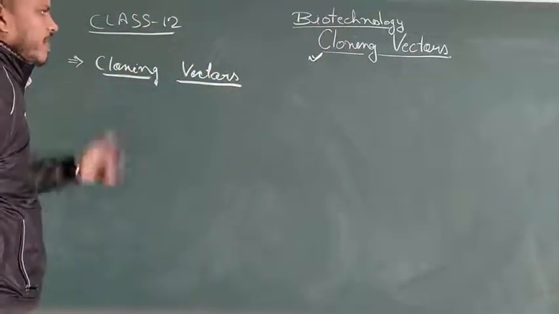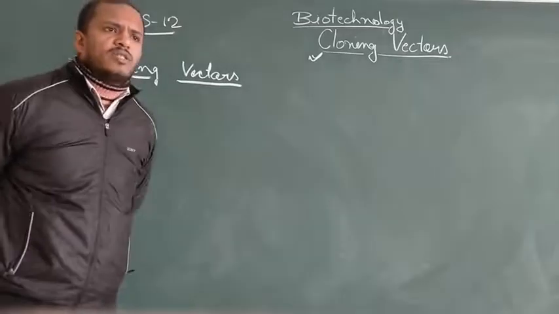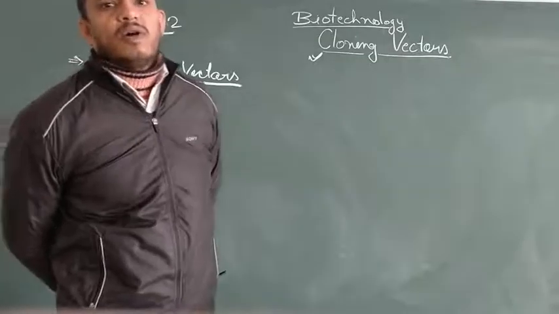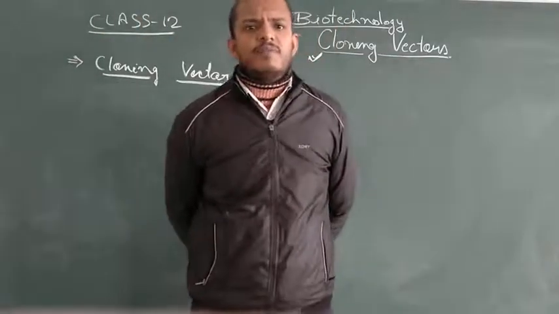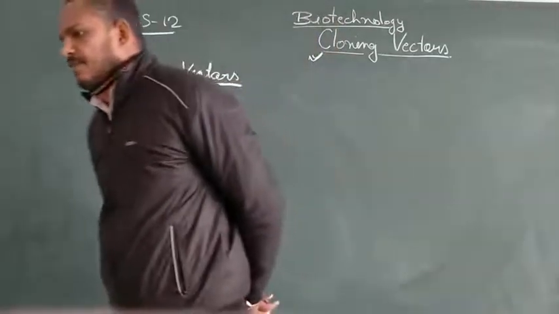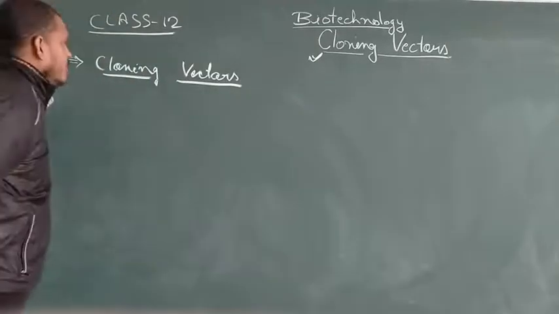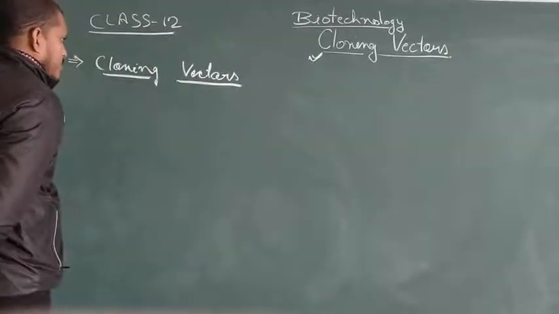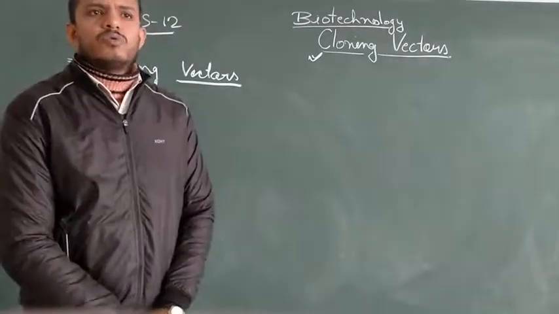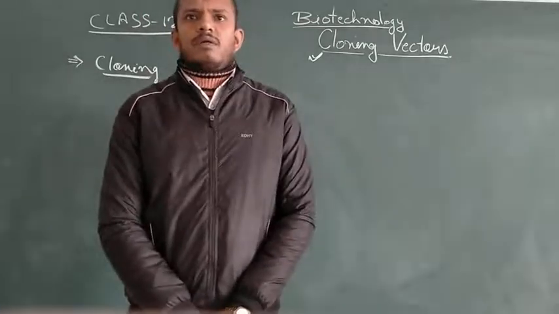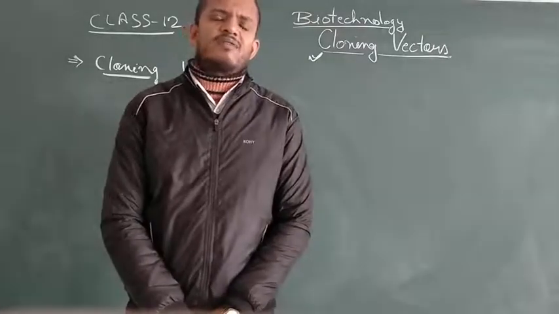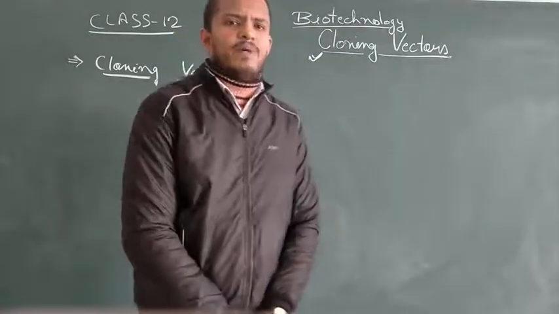When we talk about cloning vectors, they are extra chromosomal or non-chromosome dependent materials. Plasmids are non-chromosomal materials. They are also extra chromosomal vectors which can be used so that our desired gene can be inserted or incorporated into them and we can transfer them into our desired ones.